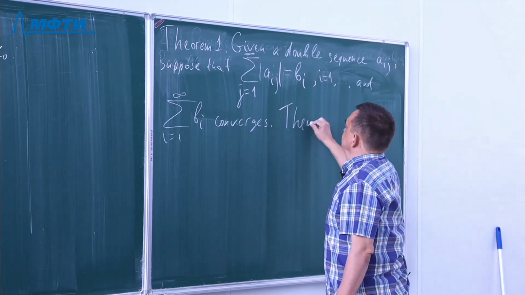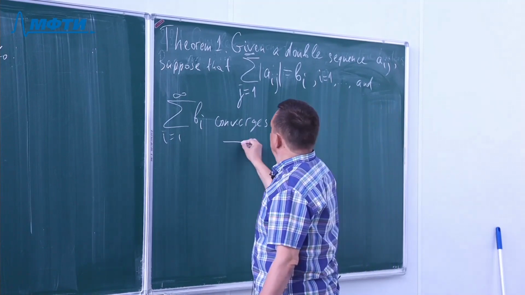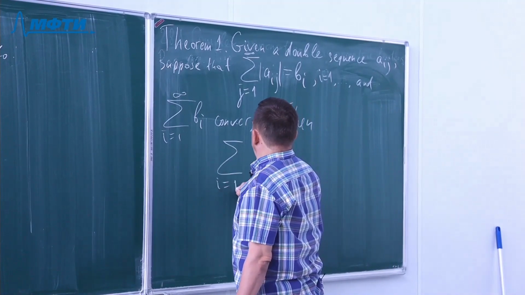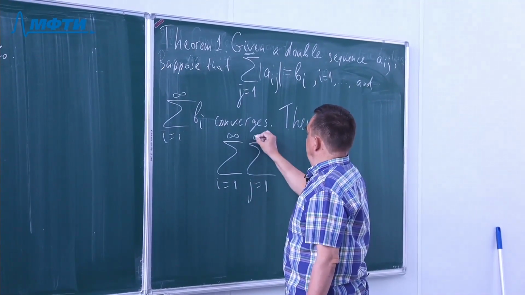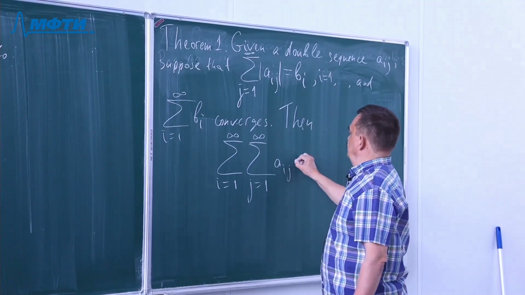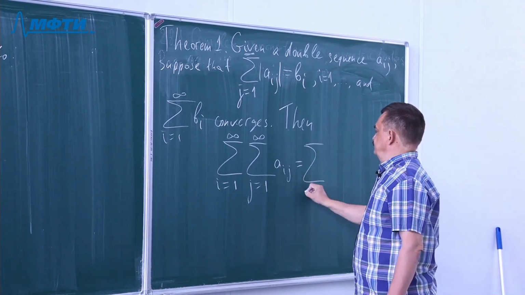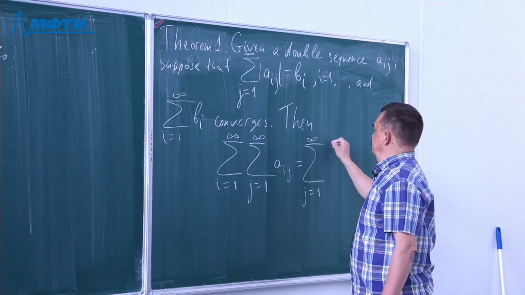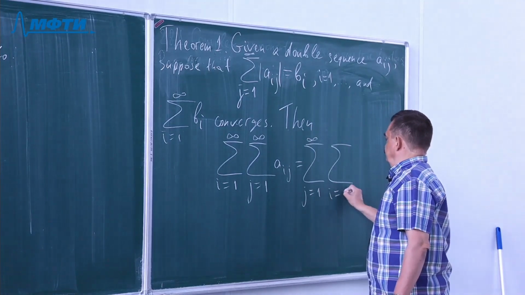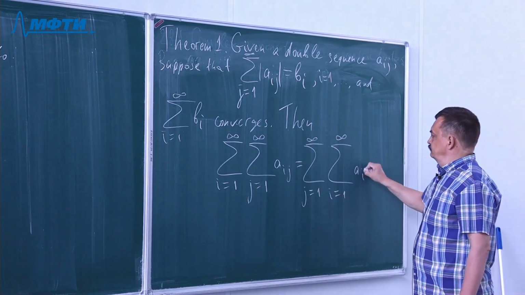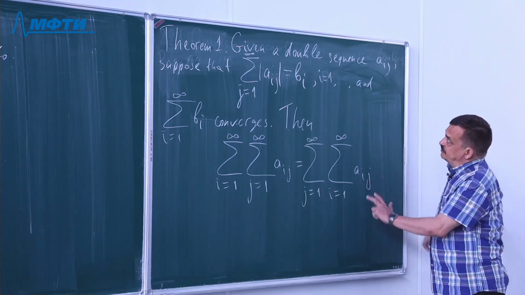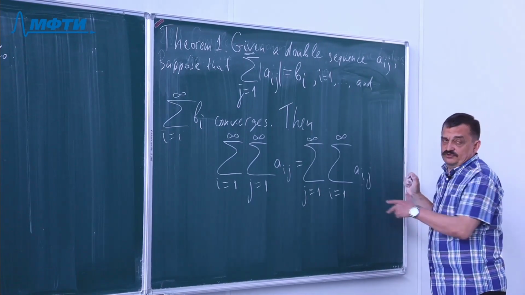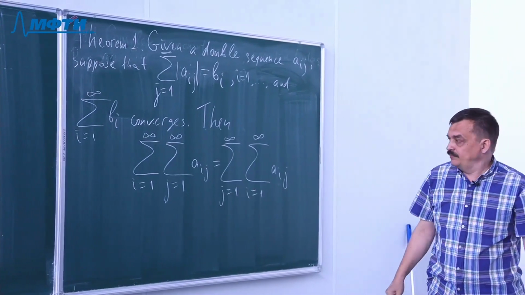Then it doesn't matter how to sum up that double sequence. So you see, double sequence means that we have two indices now, right?